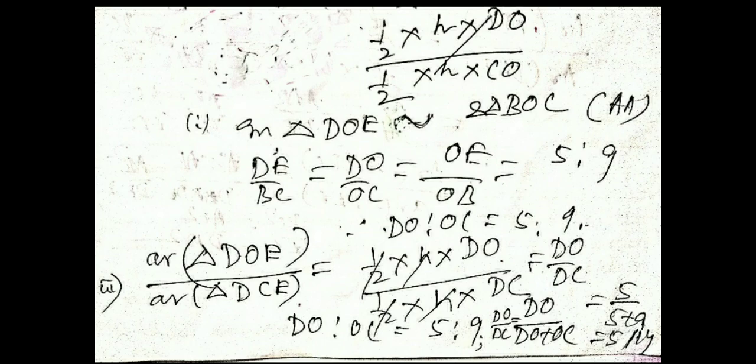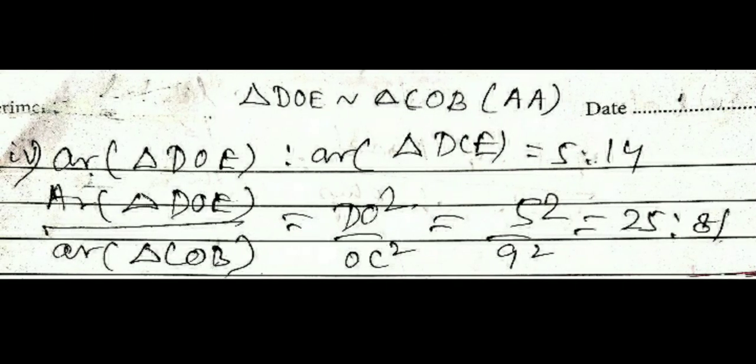Area of DOE by area of DCE is equal to half into H into DO by half into H into DC. Therefore, if you cancel half and H, you will find DO by DC, and DO by DC is equal to 5:14.